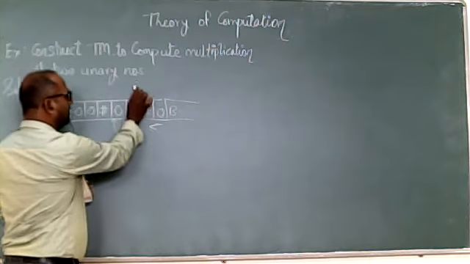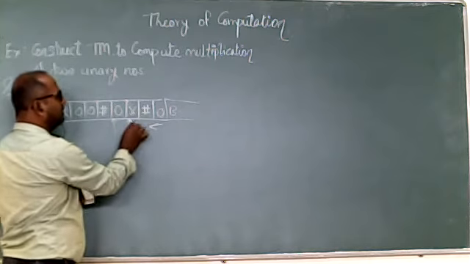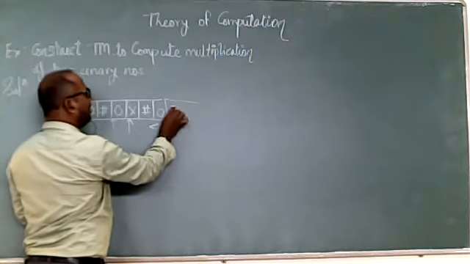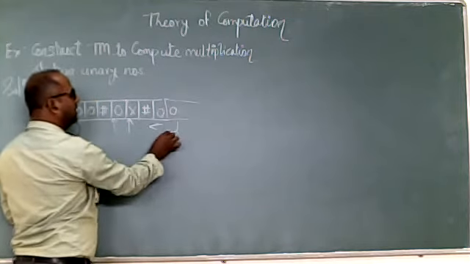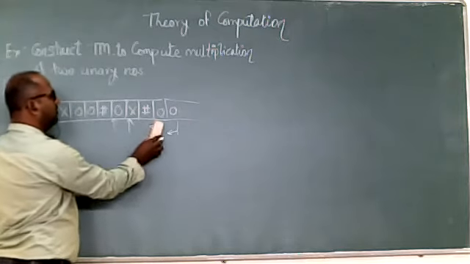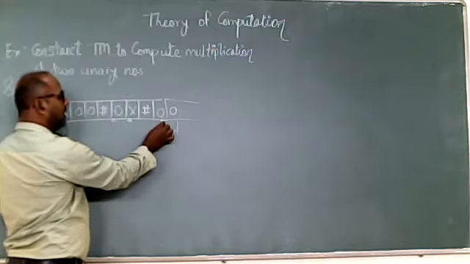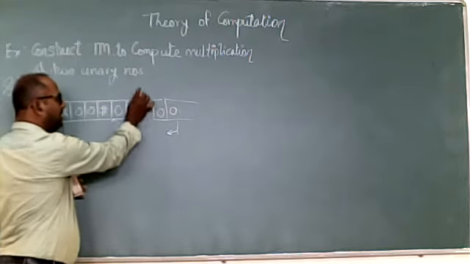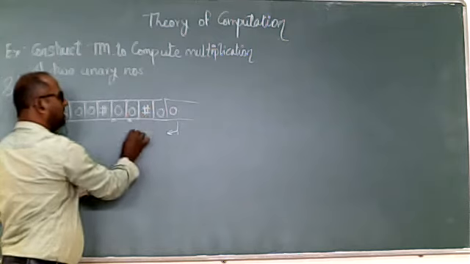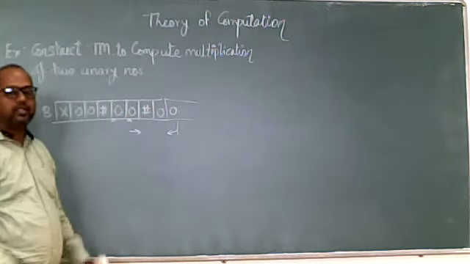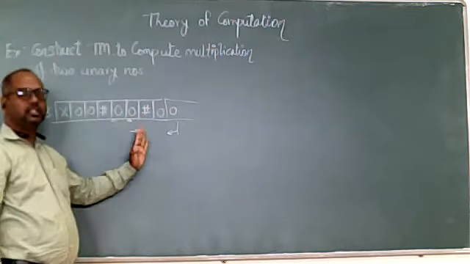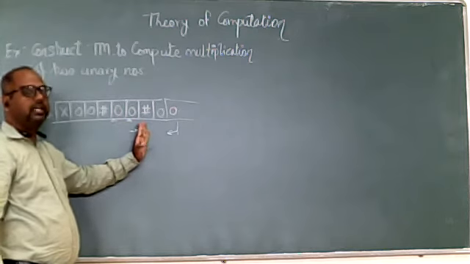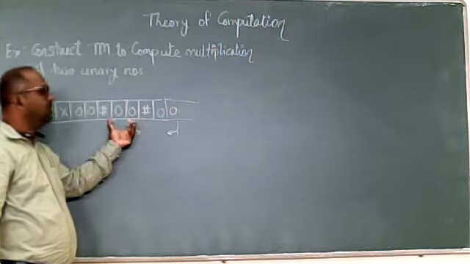Now for the next 0, repeat the same process. Make this x, skip, blank, make this a 0. Change the direction. Again come left, skip. This x, make it a 0 and change the direction. After changing the direction, what are we getting? We are getting a hash. It means this number is over.